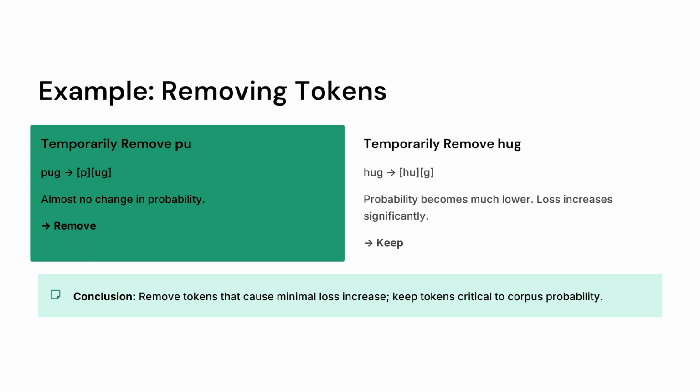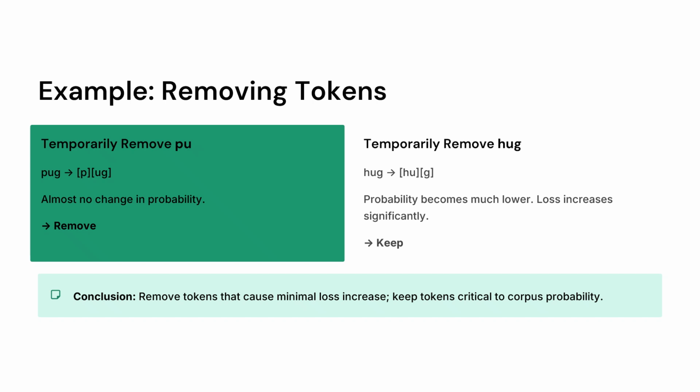Now we understand the procedure of removing tokens. Suppose we temporarily remove the token PU, then we can still tokenize the word pug into P, UG, and as P, UG and PU, G nearly had the same probability, there is almost no change in probability and in loss.